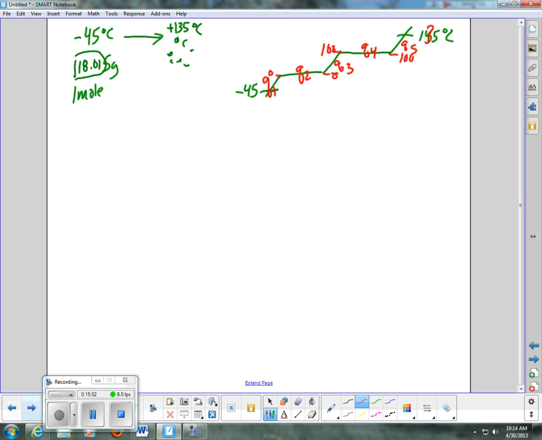Okay, so starting Q1. What is Q1's equation again? M C_P ice delta T. So plugging in 18.015 grams times 2.03 joules per degree Celsius gram times, what's the change in temperature? 45.